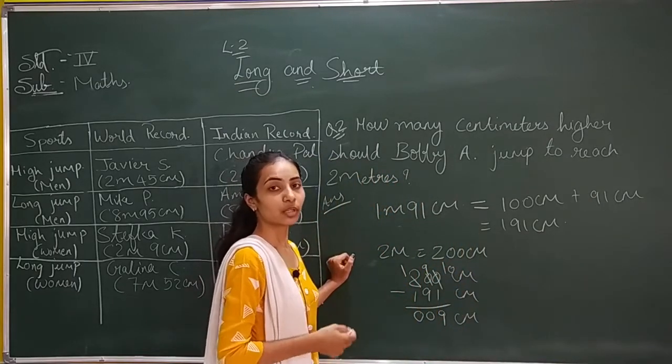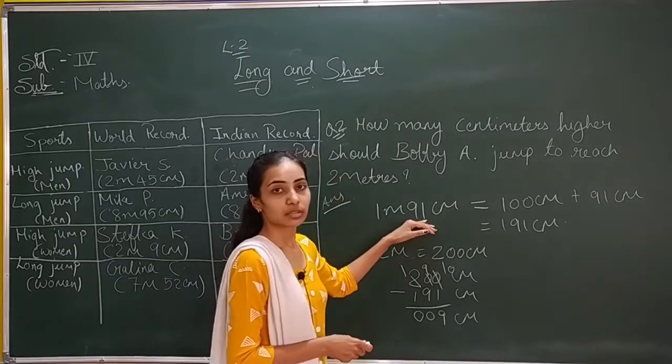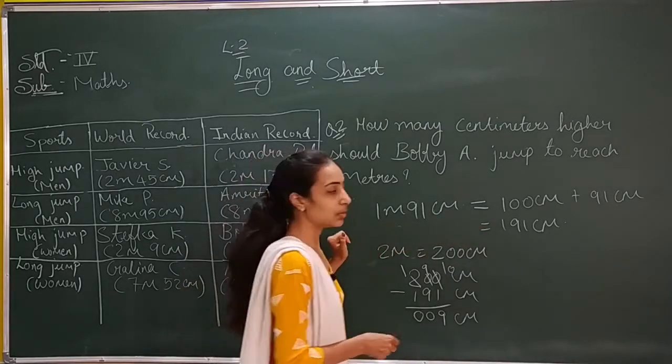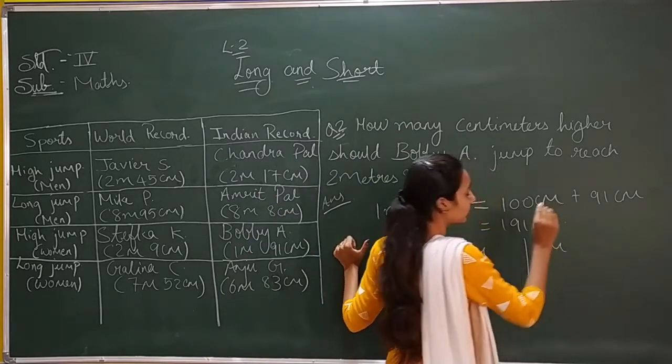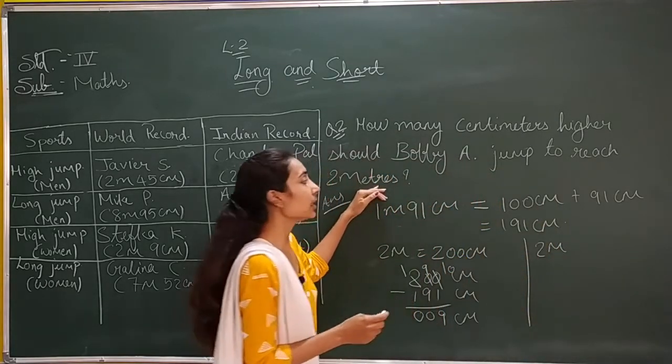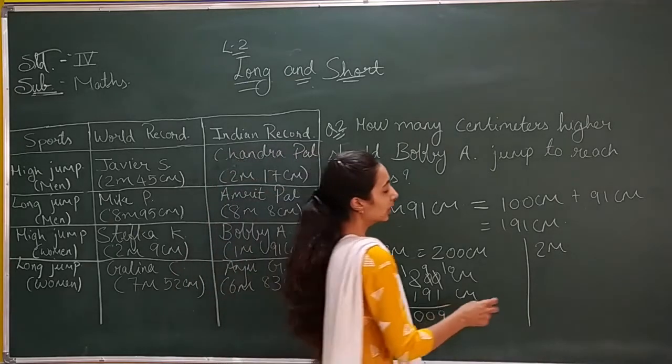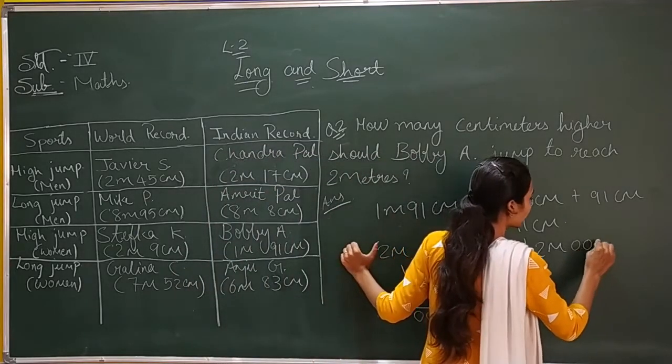Another way of doing this sum is without converting into centimeter. Here the world record is 2 meter, and it is told to reach 2 meters. So centimeters are not there.